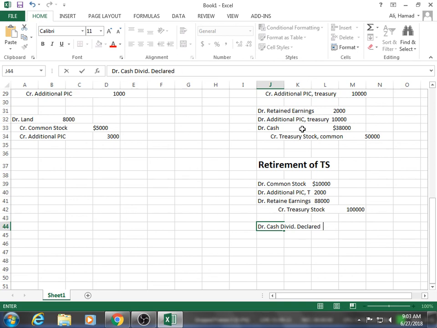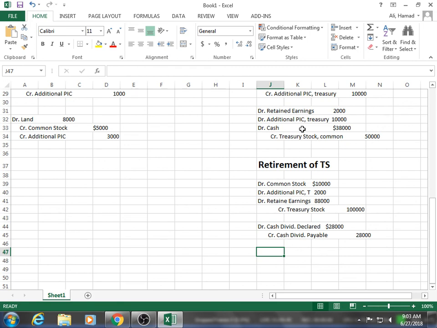$28,000. And then we're going to credit cash dividends payable for $28,000.